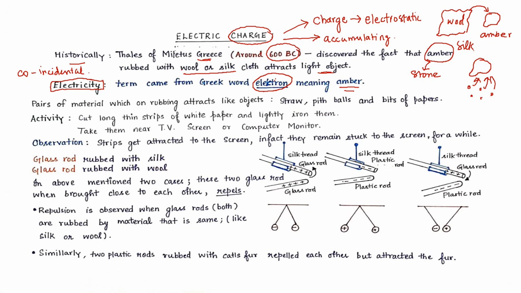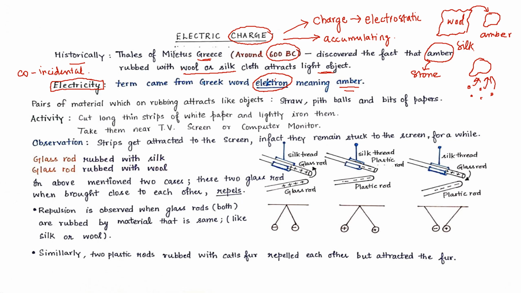Now we have seen pairs like wool and amber, or silk and amber: when rubbed, amber gets electrified and starts attracting light objects. Similarly, which pairs are present in our day-to-day life which on rubbing get electrified and start attracting smaller, lighter objects? The electric charge acquired by rubbing is not so huge that it can attract a bigger object.